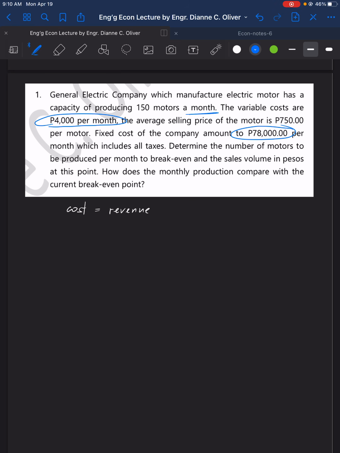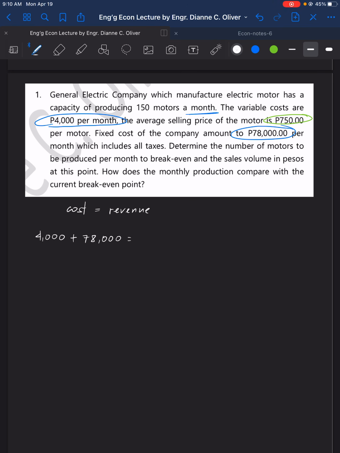Then for the revenue, we have the revenue of 750 pesos per motor. Okay? So we have here for the cost, the 4,000 pesos per month plus the fixed cost of 78,000 per month. So this is the monthly cost that this company is paying.